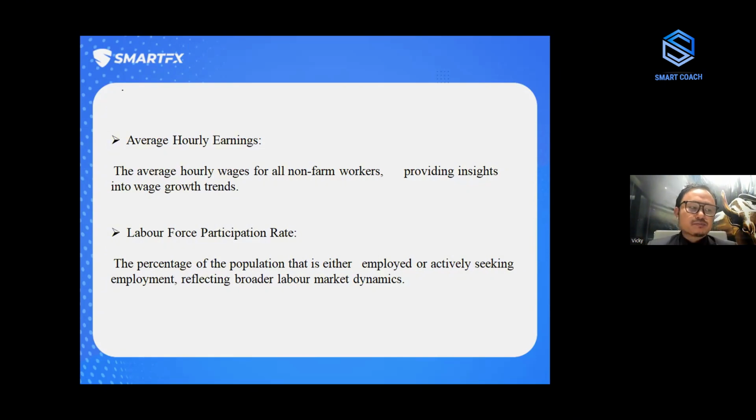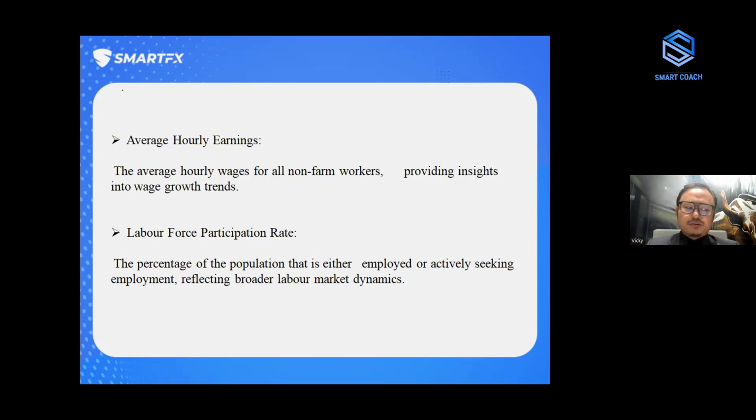Let's say jobs are added, but if the average hourly earnings are falling, meaning they are getting paid less, that indicates the economy is not doing well the way it sounds. However, it might sound like, okay, more people were employed in the previous month, they have been given more work. However, the hourly earnings payment is lower. That means it is not good at all.